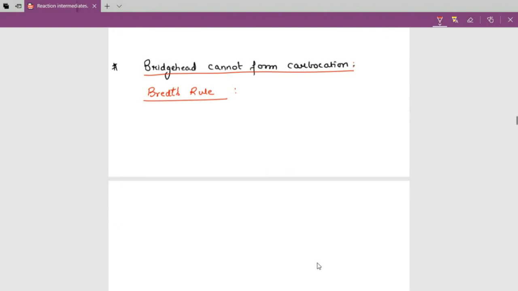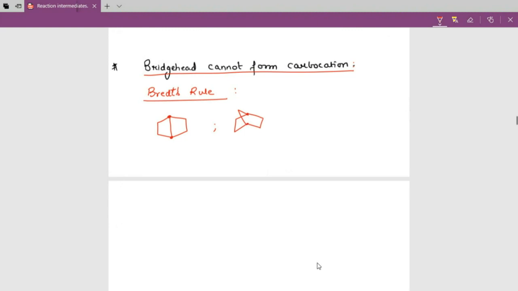Yes, the relative ease of that planarity increases with increase in size of the bridges. So first, let me tell you what this word bridgehead means. This junction, which is common to both the rings, is known as the bridgehead. Bridgeheads could be like this.